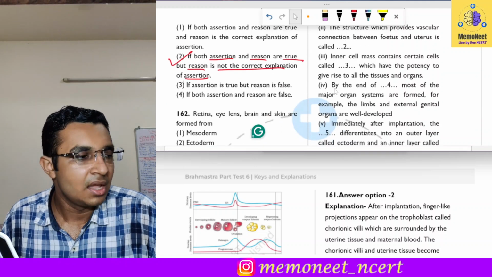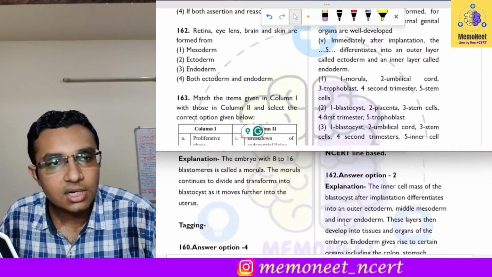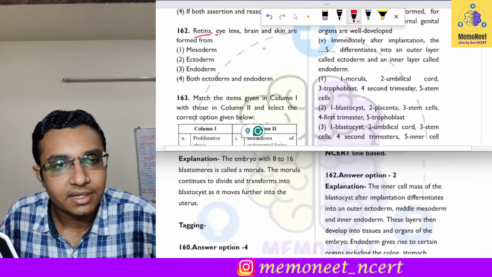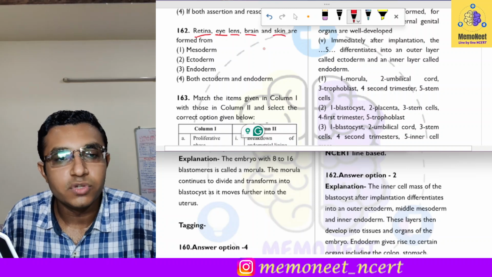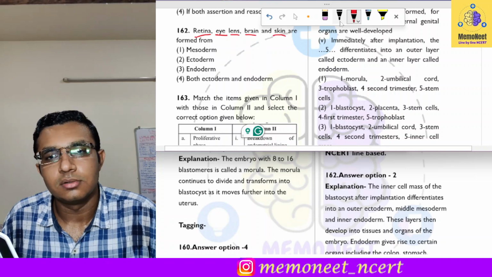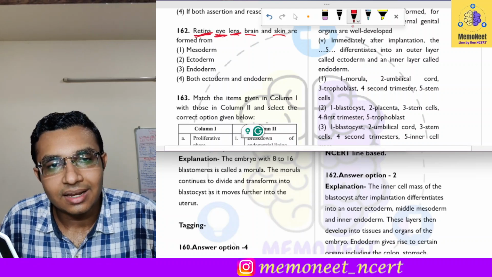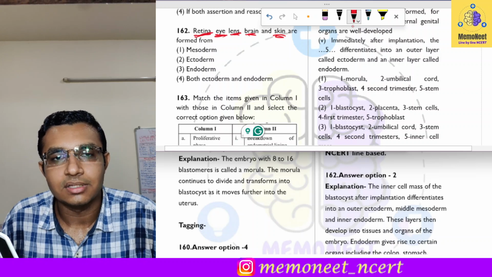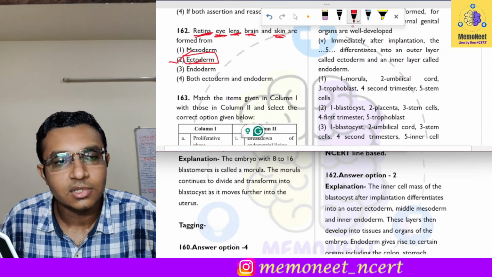All right, the next question is question number 162. It states that the retina, eyes, lens, brain and skin are formed from which germ layer? You need to remember this, that the brain and the skin are formed from the ectoderm, remember this.